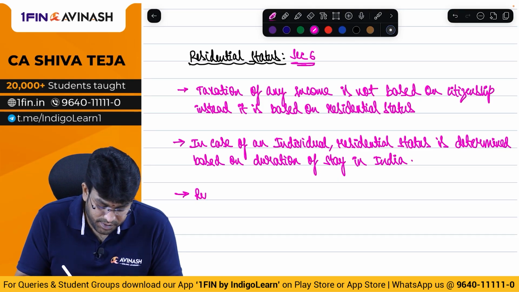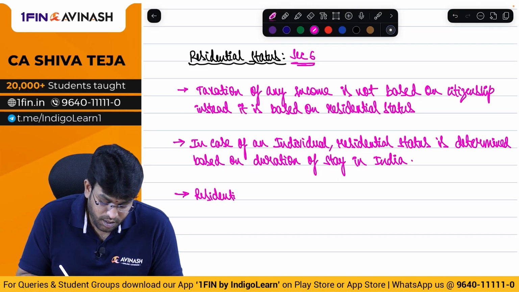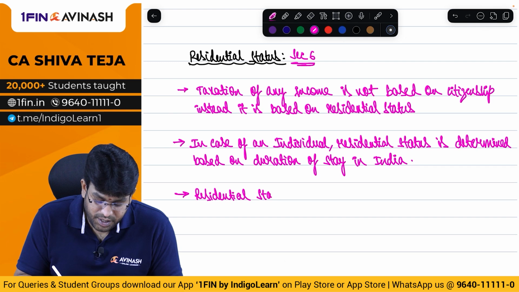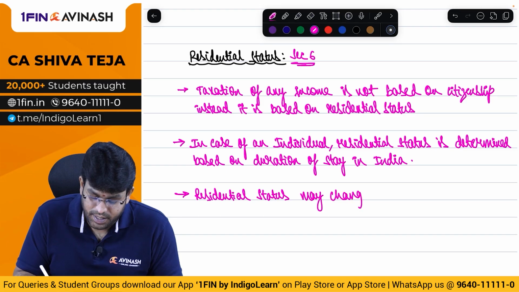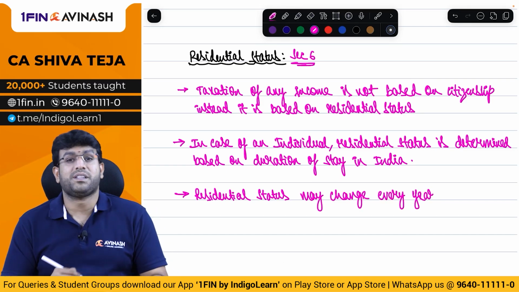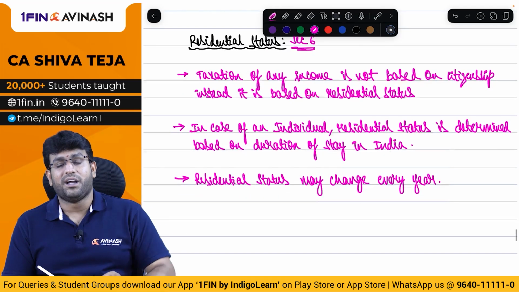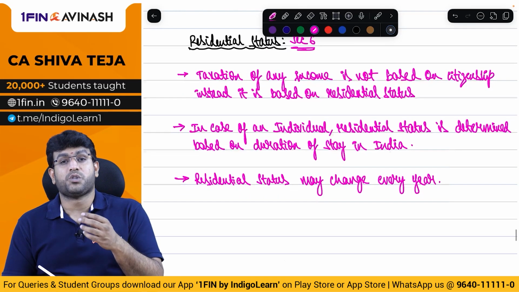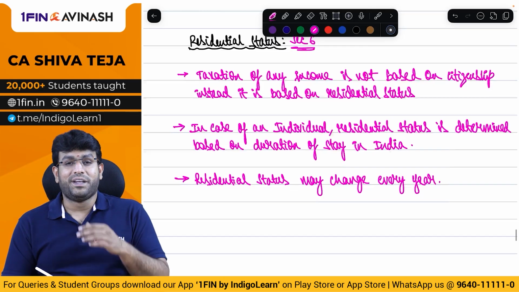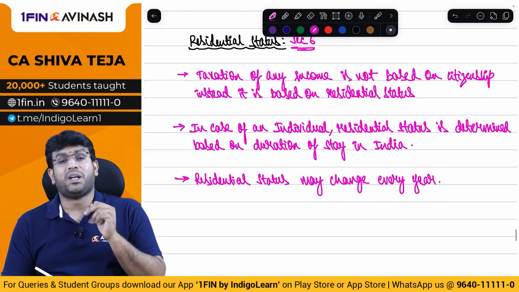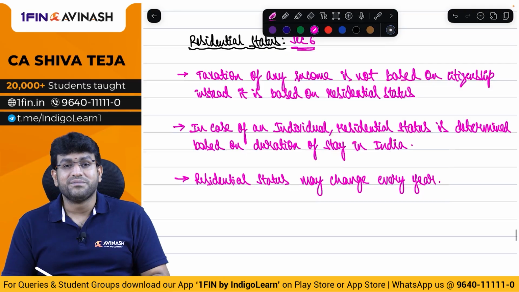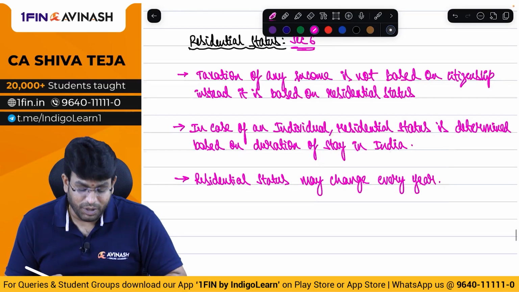And one more point is, residential status may change every year. Obviously, my dear friends, because year on year, 1 year he may be resident, 1 year he may not be a resident, for a simple reason, because we are deciding based on number of days in India. So 1 year he might be for more days, 1 year he might be for less days. Based on that we will decide. Friends, correct or not?